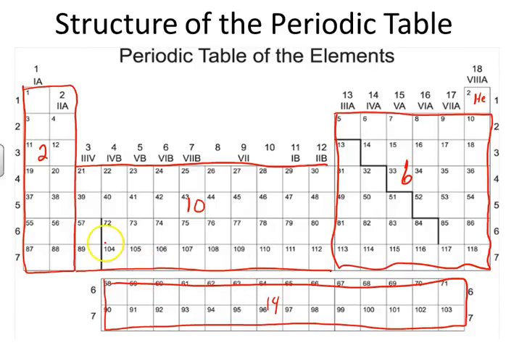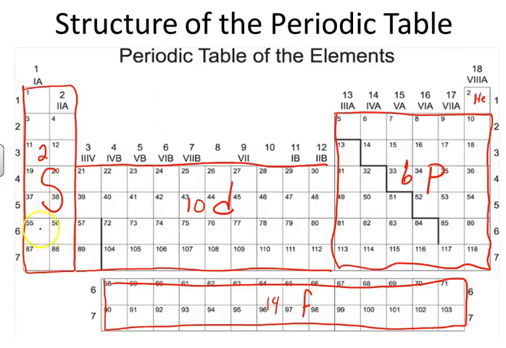What these numbers represent, obviously, is the number of electrons that it takes to fill an individual sublevel. It takes 2 electrons to fill the S sublevel, 10 electrons to fill a D sublevel, 6 to fill a P sublevel, and 14 to fill an F sublevel.